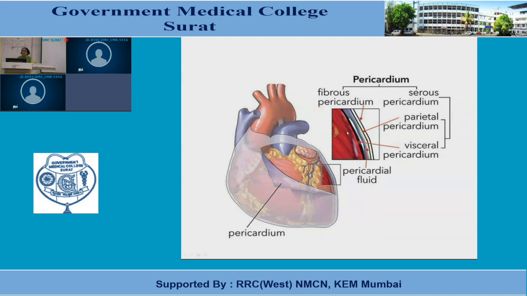Now, close to the chamber of the heart, you can see the visceral pericardium. Between these two, the parietal and the visceral, there is a cavity called the pericardial cavity, and that pericardial cavity contains a little film of fluid which prevents friction during the heartbeat.